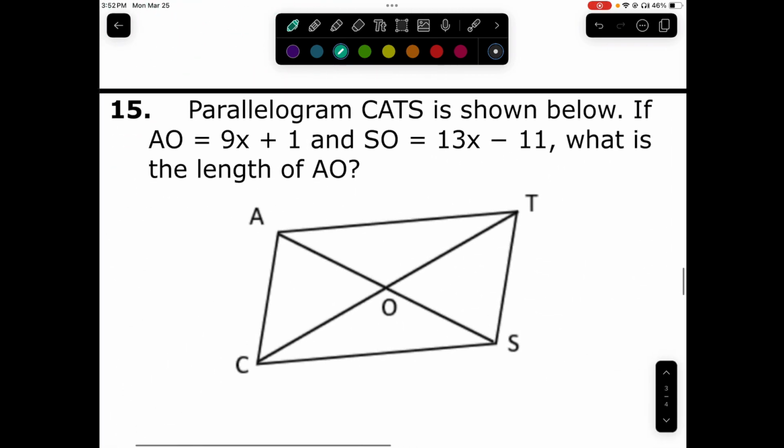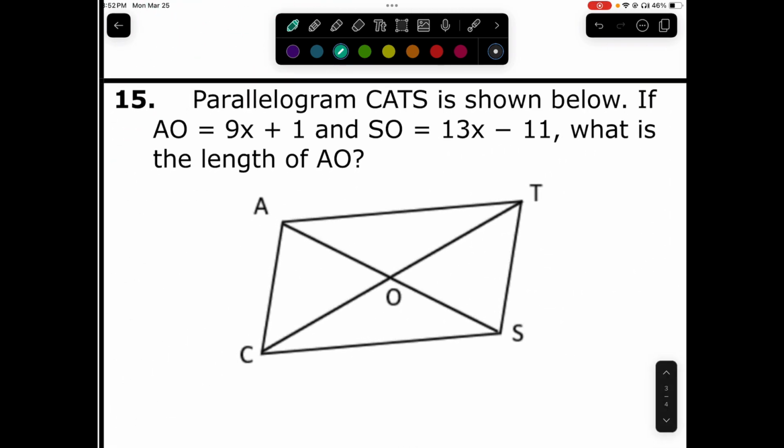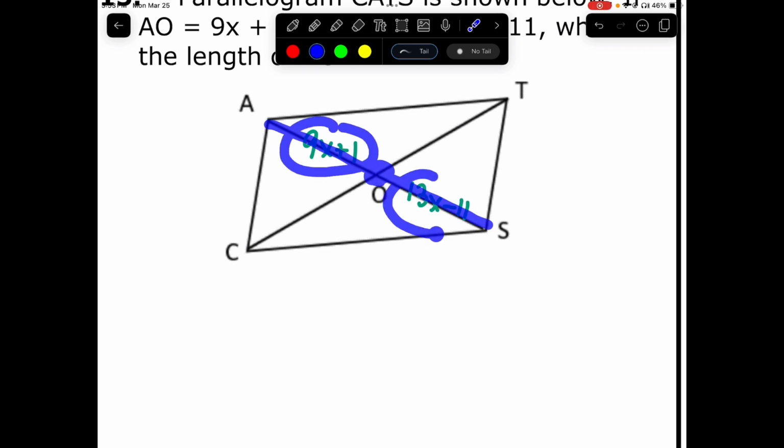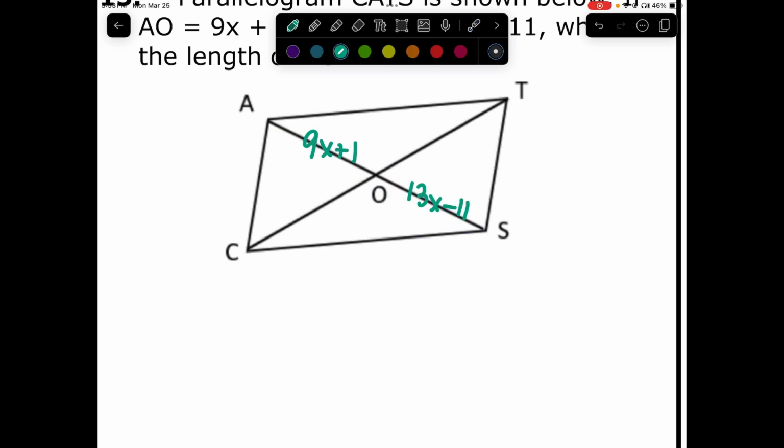Number 15. Parallelogram CATS is shown below. If AO equals 9x plus 1, let's write that down, and SO is 13x minus 11, what is the length of AO? Well, both of these are equal to each other because the diagonals bisect each other. That means this diagonal was cut exactly in half. So this half and this half are equal. That's how halves work.